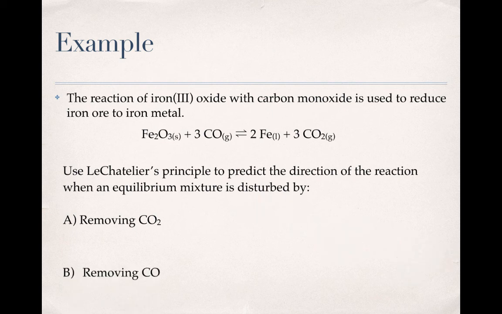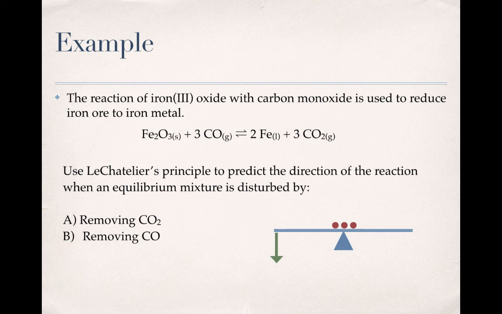What if we remove carbon monoxide, something in the reactants? Well, we're removing something, so again we're going to use a down arrow, only this time, since we're removing a reactant, we're going to put that down arrow on the left-hand side. And we see when we move that down, the balls shift towards the left-hand side.